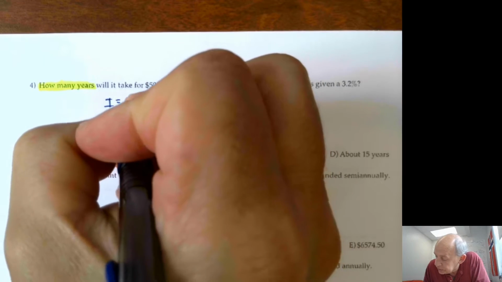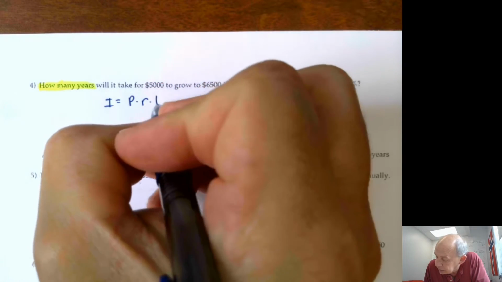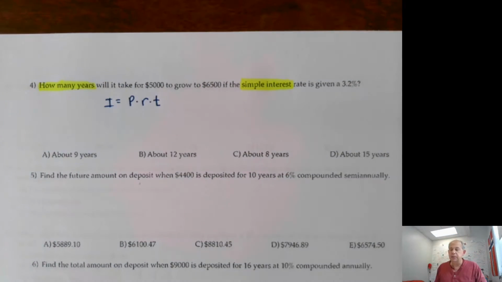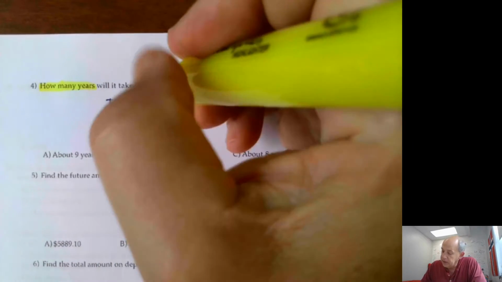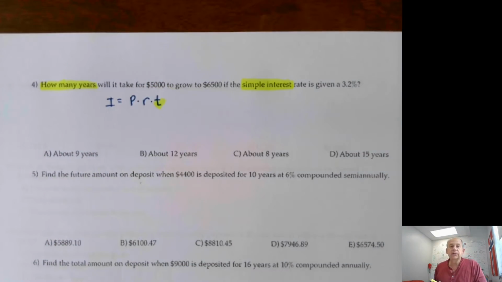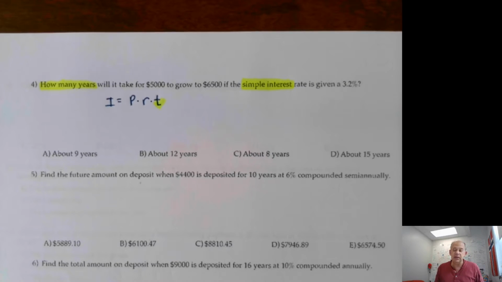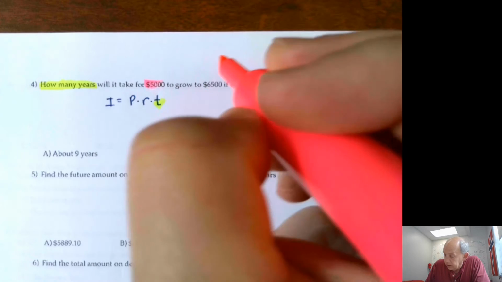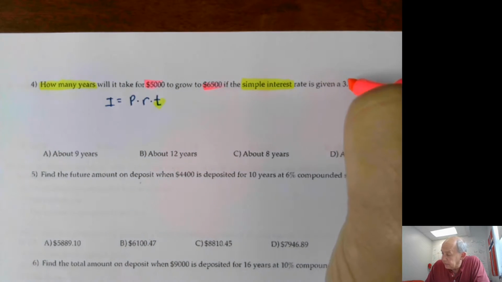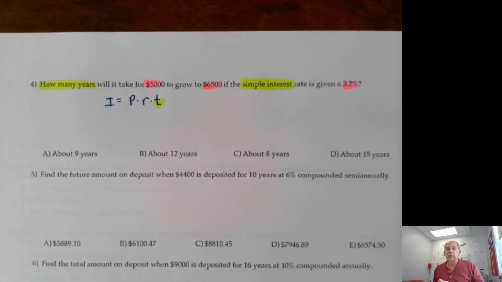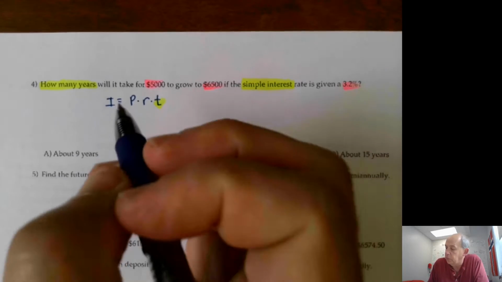Let me choose this one because it's a little bit easier to deal with the algebra. This time I'm solving for how many years, t, so I'm going to highlight that. That's my unknown. I have $5,000. It grows to $6,500 at an interest rate of 3.2%. Notice it didn't tell me how many years it takes for this to happen. That's what I'm solving for.